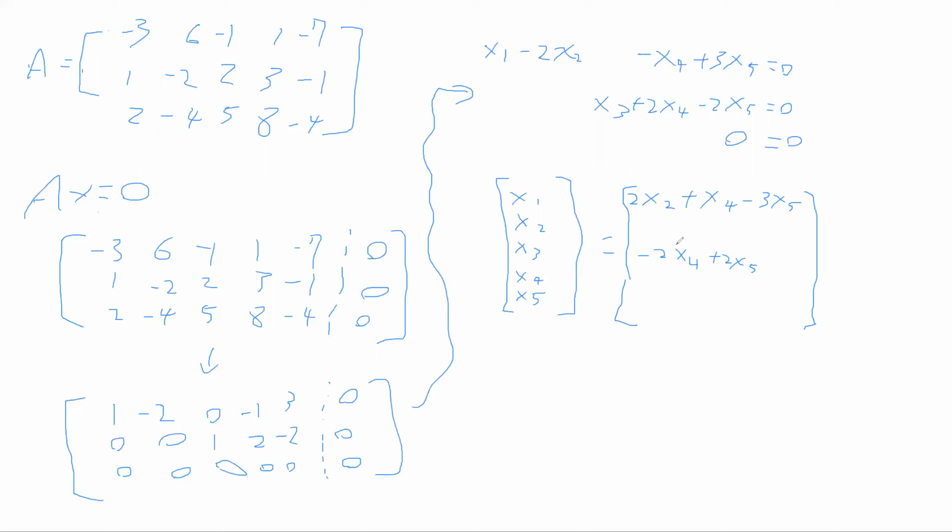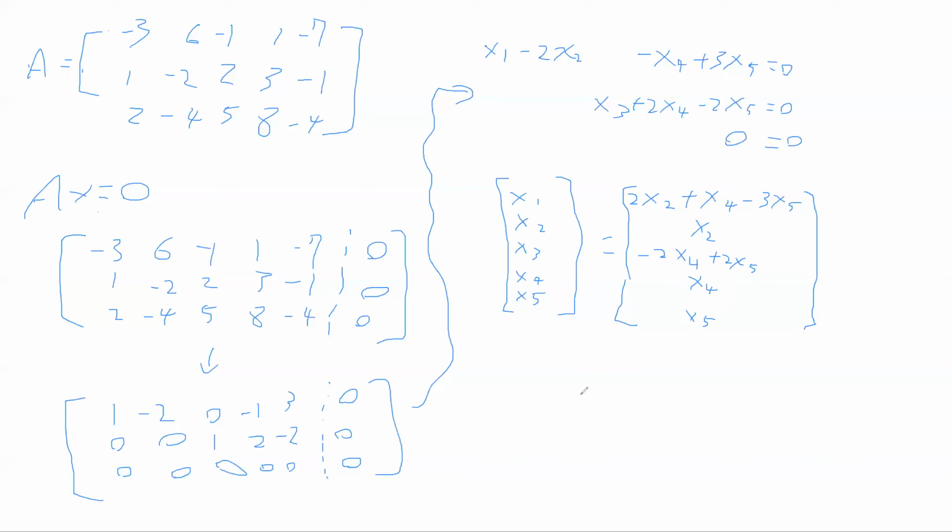So for x2, x4, and x5, they are just free variables. Now notice that x2, x4, and x5 are our free variables, quote unquote. So we can rewrite x1, x3 using those three variables. And that helps us identify what we have here.